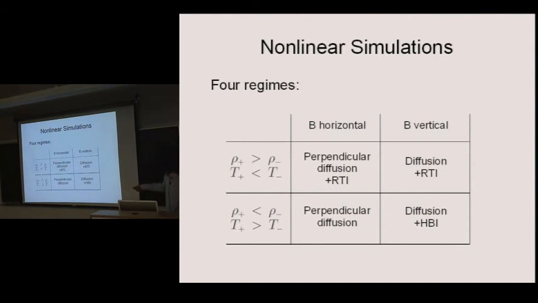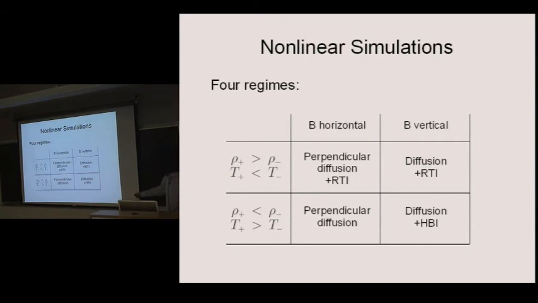In all cases, you have diffusion that is occurring, whether it's diffusion along field lines or perpendicular to field lines, and physically, this perpendicular diffusion could be due to the field line not being perfectly aligned with the interface, or it could also be because there is actually some perpendicular diffusion, though it's fairly weak for these hot dilute plasmas.